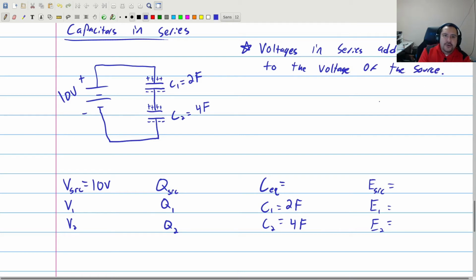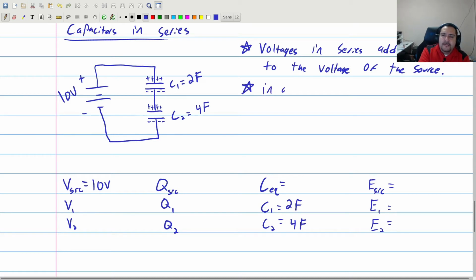That's Kirchhoff's loop rule, or Kirchhoff's voltage law. Okay, and then there's another thing that we need to know. We can't easily do this without experimenting, but the equivalent capacitance in a series circuit is going to be that capacitors add as reciprocals.